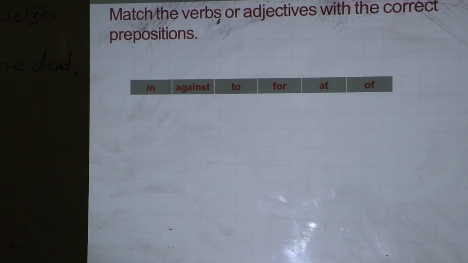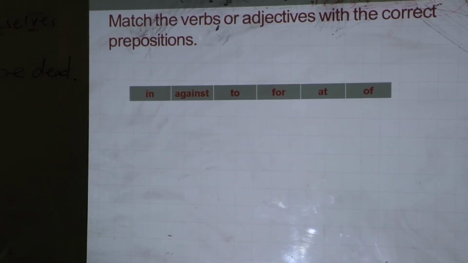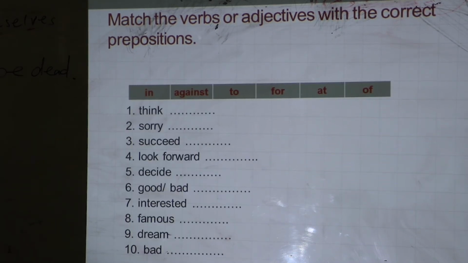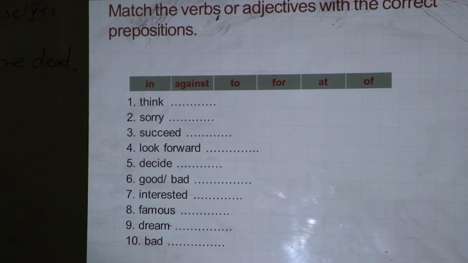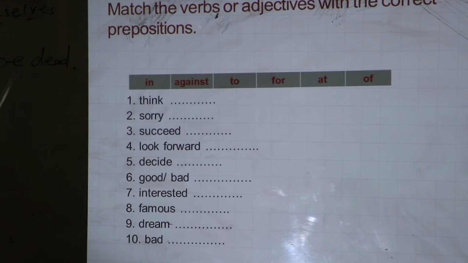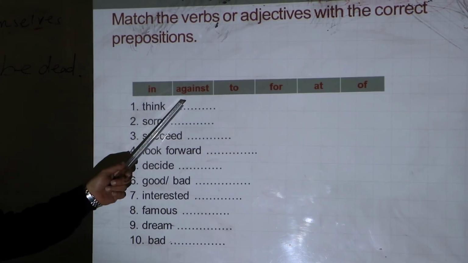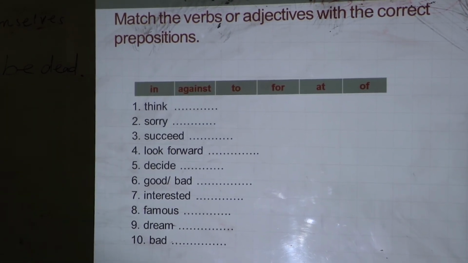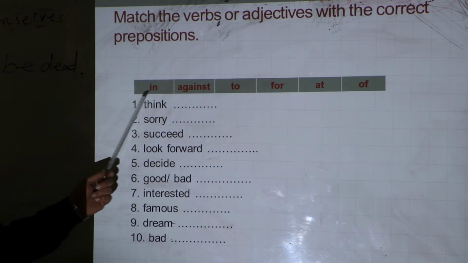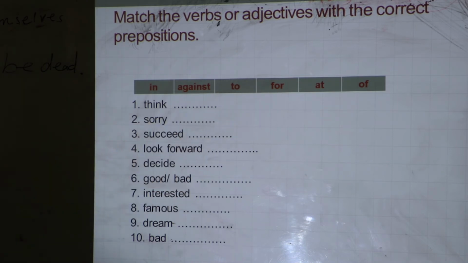So, now, we have an exercise here. Match the verbs or adjectives with the correct prepositions. Look at these sentences. We are going to fill in the space with the suitable preposition that is followed by the correct verb. For example, think of.